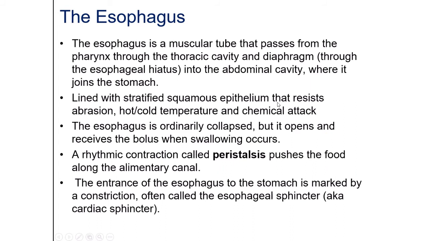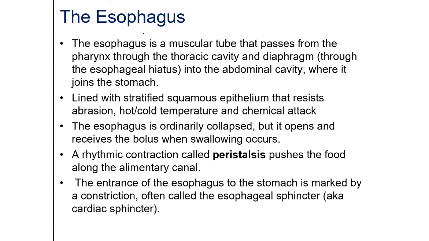The esophagus is a muscular tube that passes from the pharynx through the thoracic cavity and then through the diaphragm. So when we were labeling the diagram earlier, we know that there is the esophageal hiatus, which is an opening in the diaphragm that will allow the esophagus to go from the thoracic cavity into your abdominal cavity, and then it's going to join with the stomach.